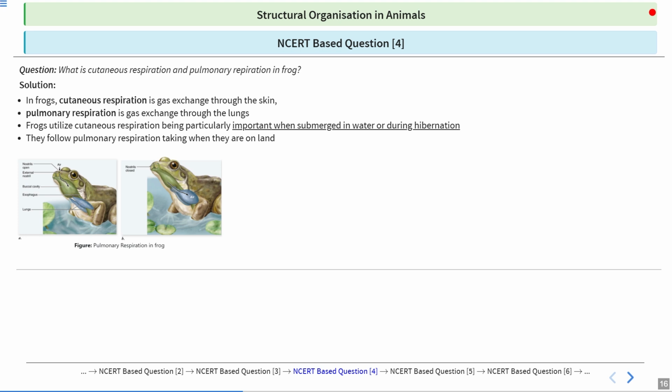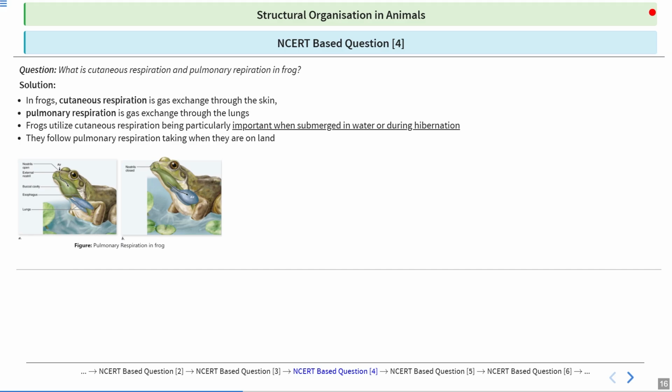right? So here you can see from the nostril, the air passes to their buccal cavity. And at that time, the buccal cavity lowers down. So a large amount of air gets filled inside this buccal cavity, right? And at that time, what happens? After the air gets filled inside this buccal cavity, the buccal cavity rises up and the nostrils get blocked, meaning they get closed.